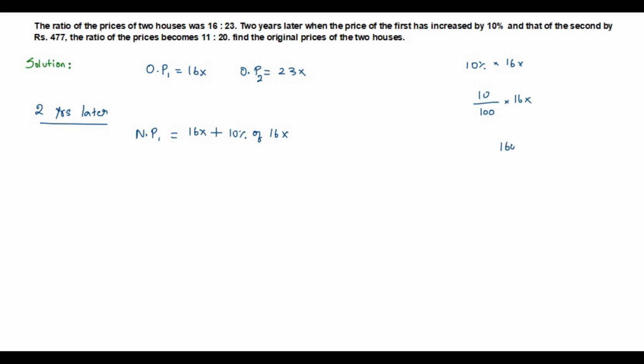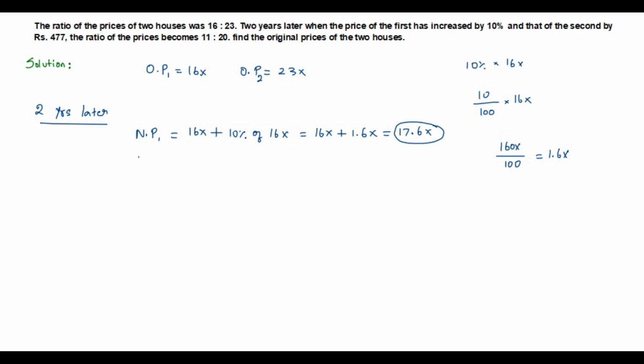So that is 160x by 100, which is equal to 1.6x. So 10% of 16x is 1.6x. Therefore 16x plus 1.6x is equal to 17.6x. So this is the price of the first house 2 years later.